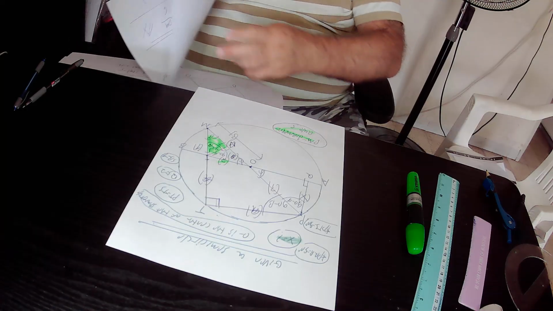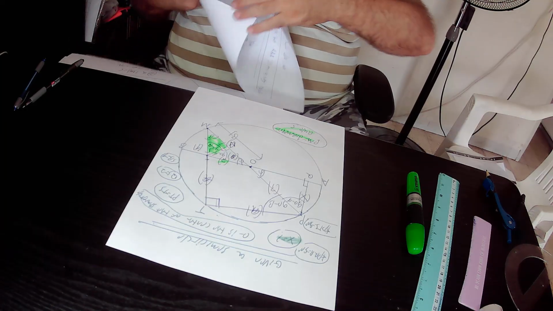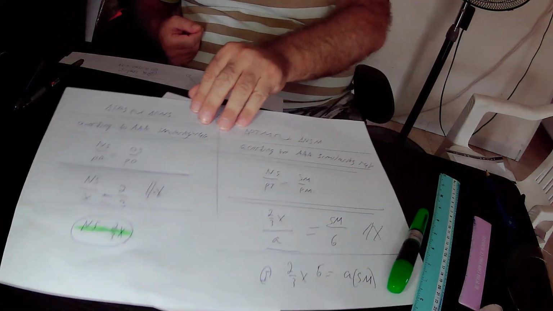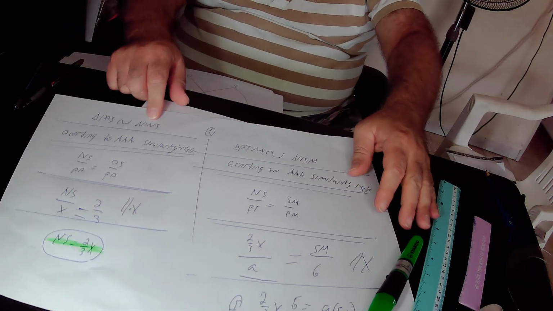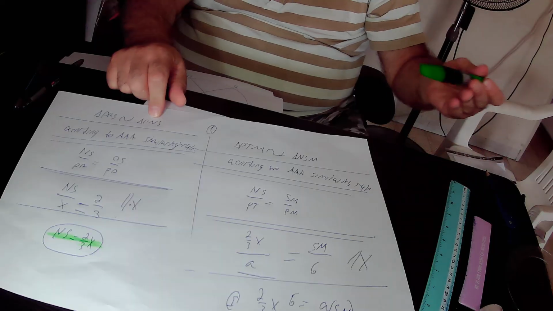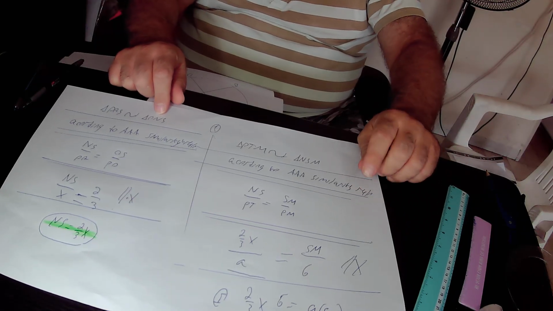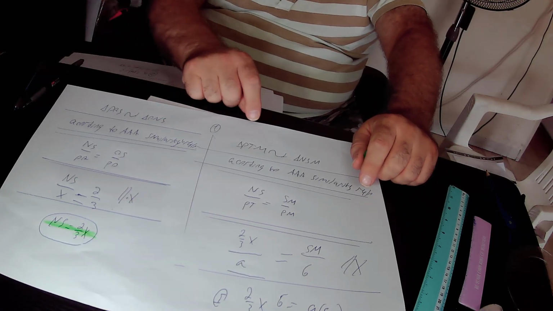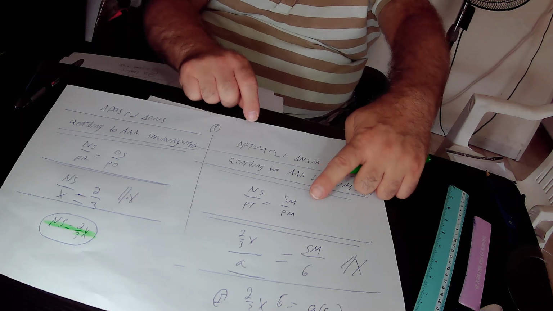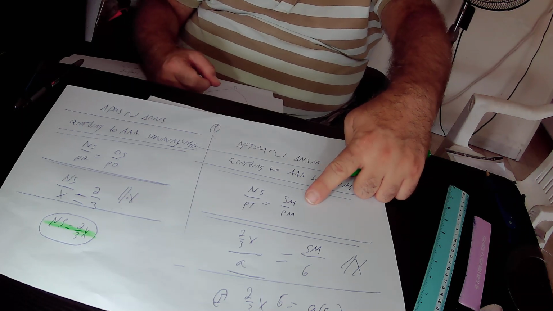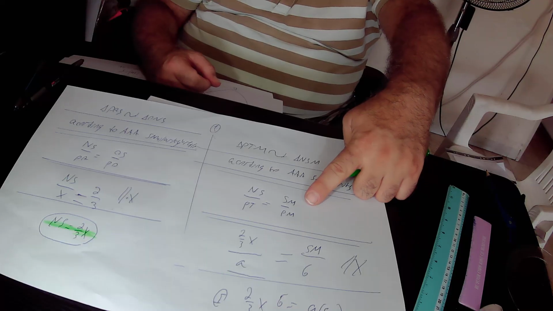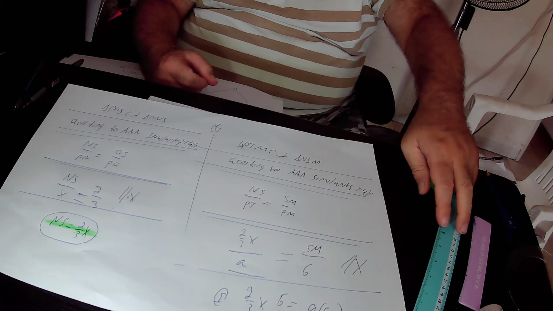Again, side SN of the small right triangle NSM over side PT of the big right triangle PTM is equal to side SM of the small green right triangle NSM over side PM of the big right triangle PTM.